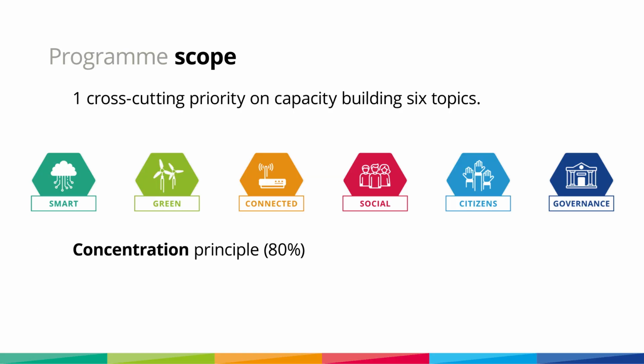So 80% of the program budget will be dedicated primarily to what we call Smarter Europe and Greener Europe, meaning everything related to economic development, innovation, but also environmental issues, climate change, risk prevention, in a way deriving directly from the Green Deal strategy.